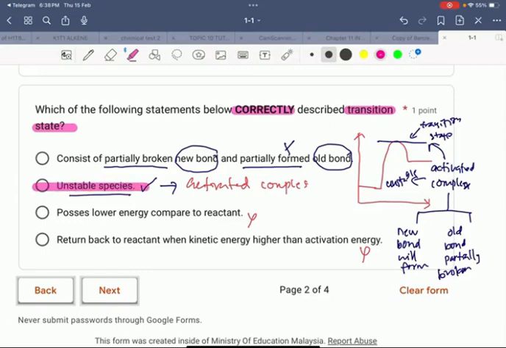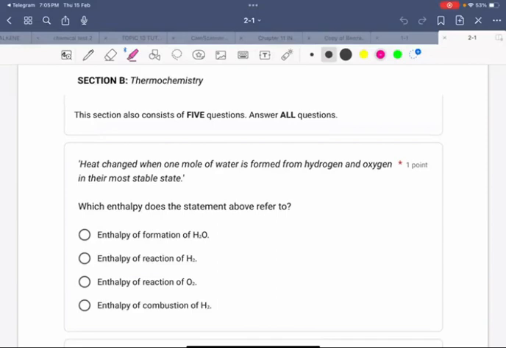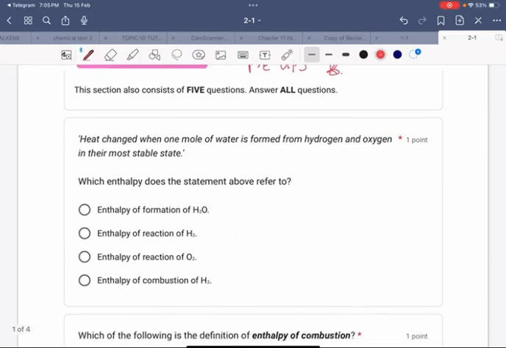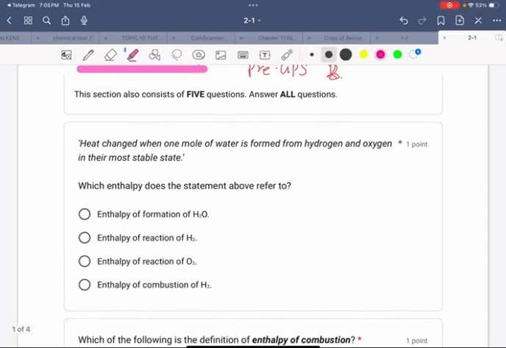Okay, now we continue with section B, thermochemistry, pre-UPS 2. B. Okay, the heat change when 1 mole of water is formed.